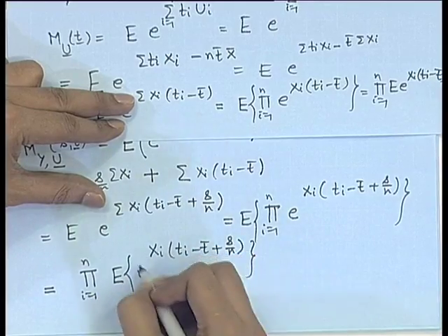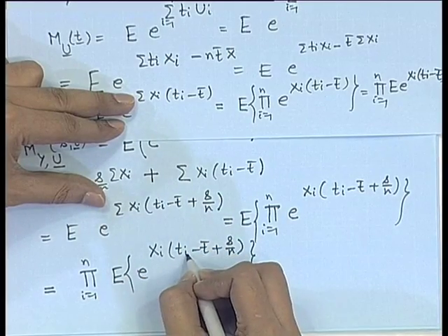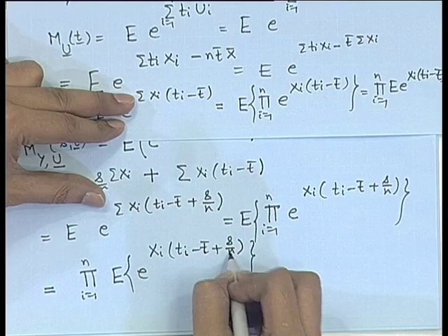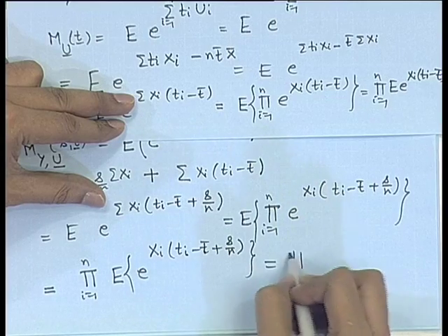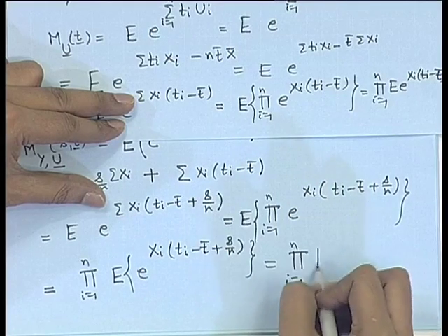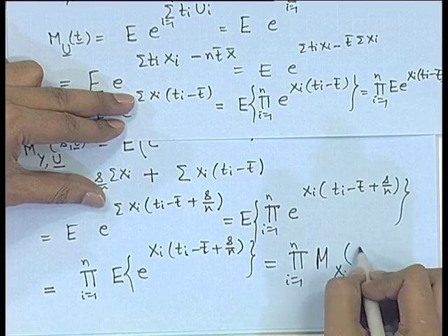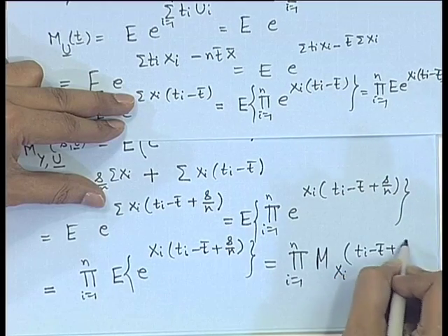Notice here that now this has become the MGF of x_i at the point t_i minus t bar plus s by n. So, it is the product of the MGFs at the point t_i minus t bar plus s by n.